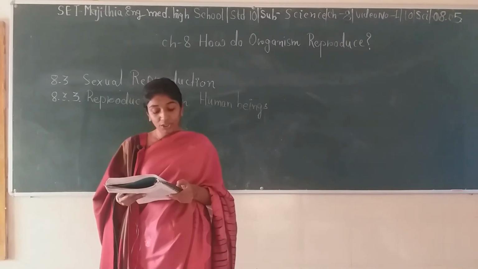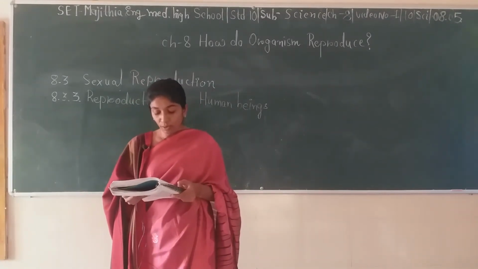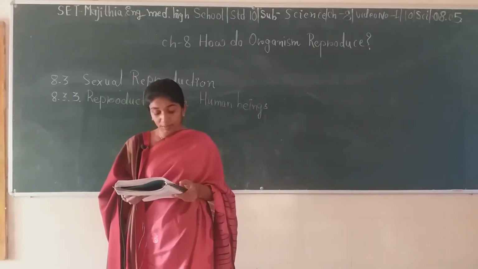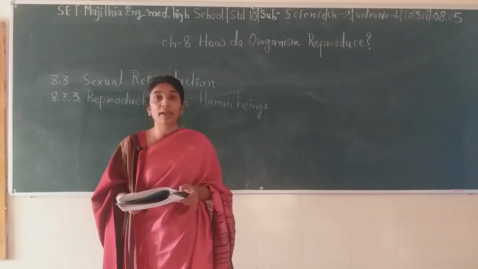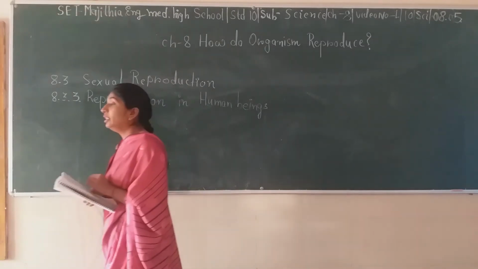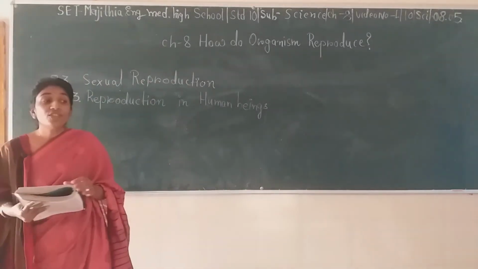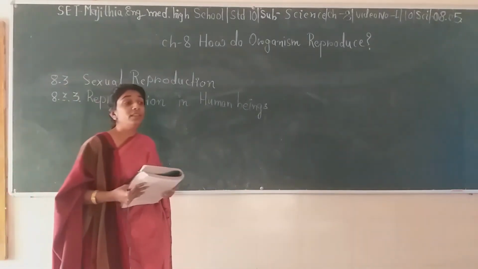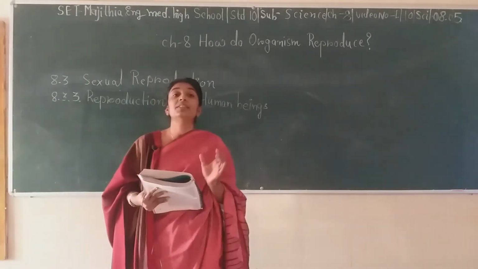In some sections of our society, although prenatal sex determination has been prohibited by law, it still happens. You will study in chapter 9 that natural selection works in such a way that the male and female ratio is equal.